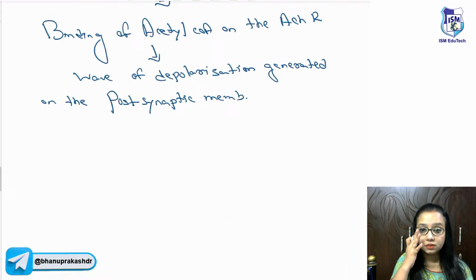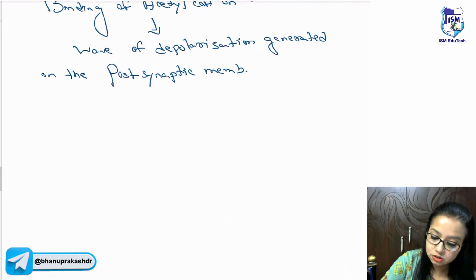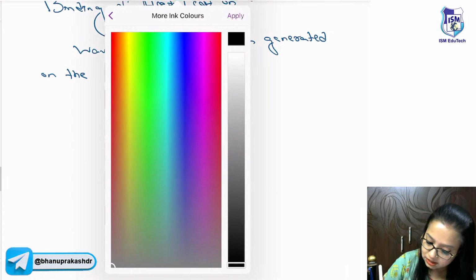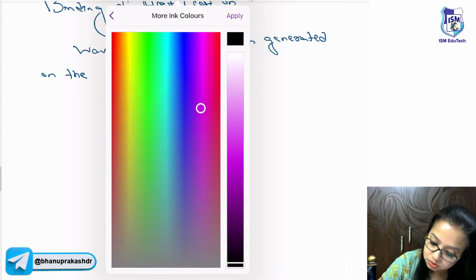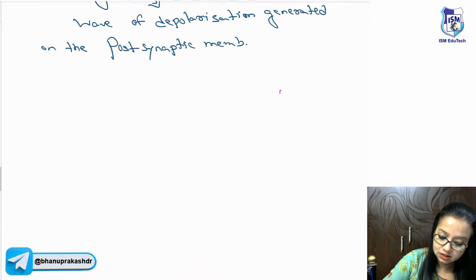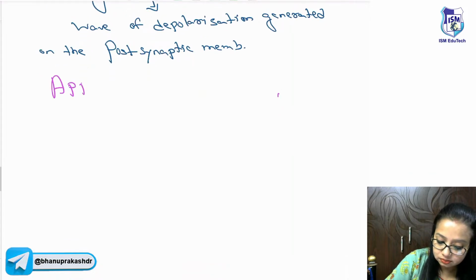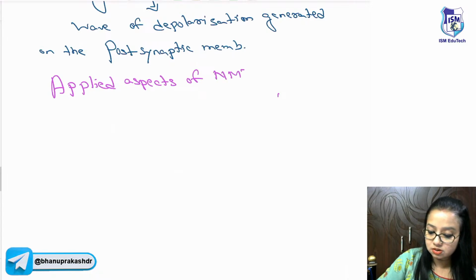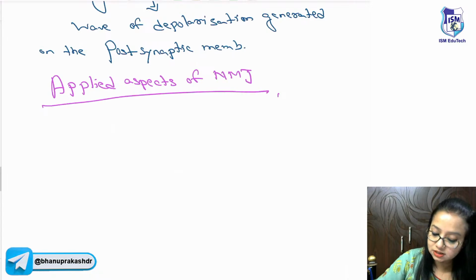Now, what are the links of this presynaptic membrane and postsynaptic membrane in various aspects? Now, the applied aspects of the neuromuscular junction.